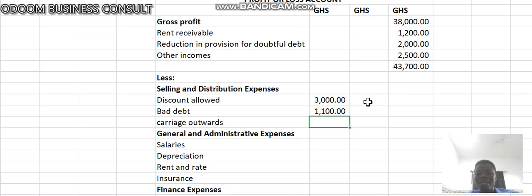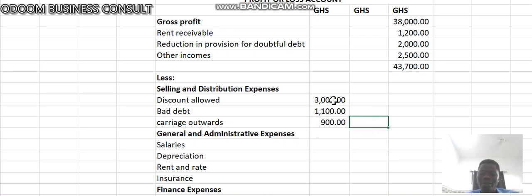So customers can come and buy more from us because they are getting free delivery. So all those free deliveries are the carriage outwards, because people come and buy from you. You carry the item to their business for them, carriage outwards, which is also an expense. So it's part of your selling and distribution expenses, which must be added. So let's also give that one a figure, say 900 within the year.